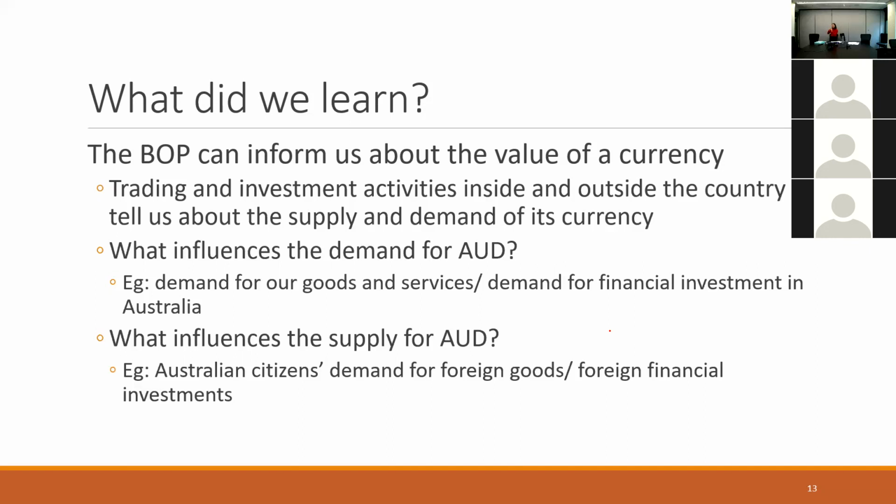So there's an outflow of Australian dollars from Australia to the rest of the world, right? So that increases the supply of Australian dollars in the international market, okay? Similarly for foreign investments, when Australian citizens invest overseas in financial assets, they increase the supply of the Australian dollars as well. Okay.